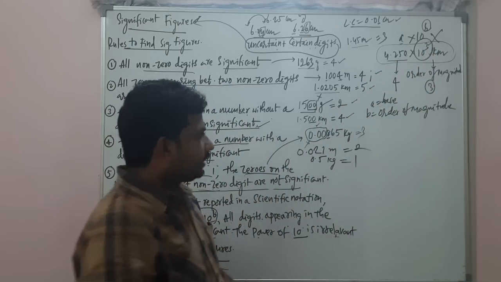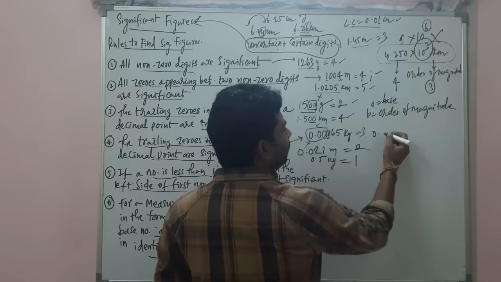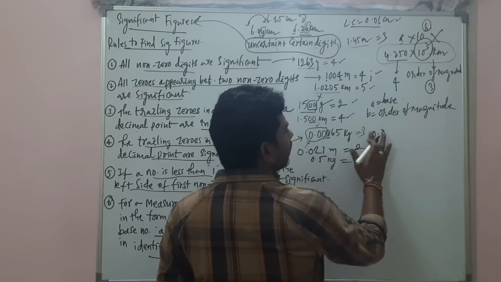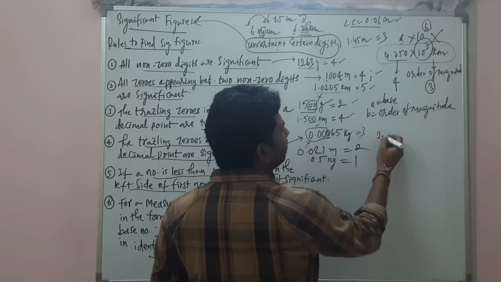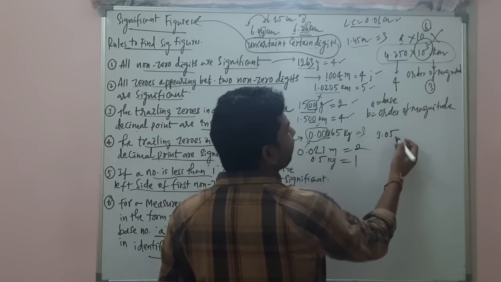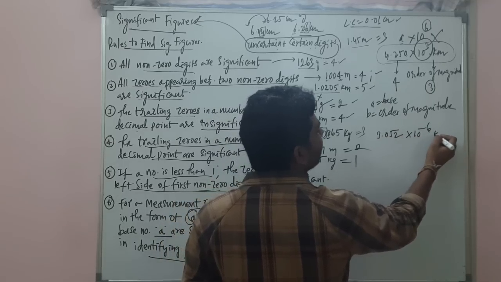For example, let me write it like this: 3.052 times 10 raised to minus 6 kilometers.